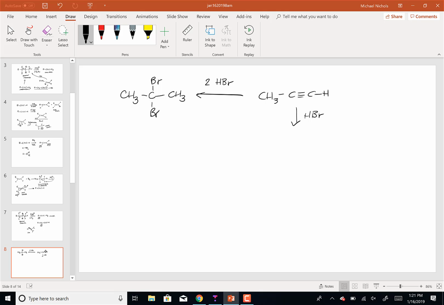So if I added one HBr, I would end up with adding the Br here and the H there. It actually wouldn't matter whether it was 50-50, I get the same product either way. If I had the H and the Br cis or trans, I get the same product. But it does add 50-50 because it's a carbocation intermediate.